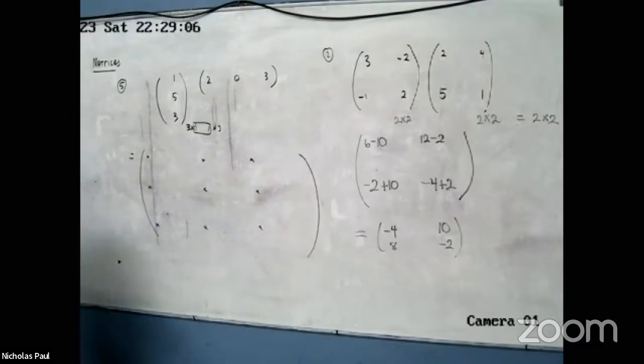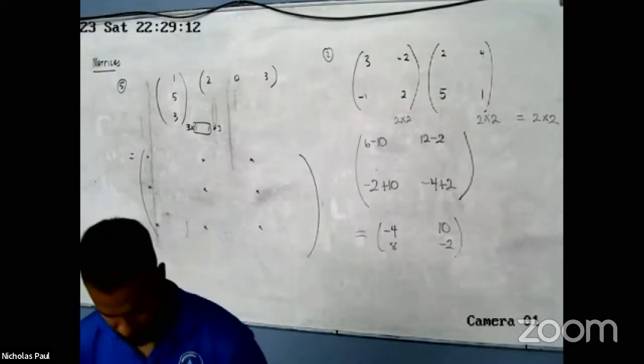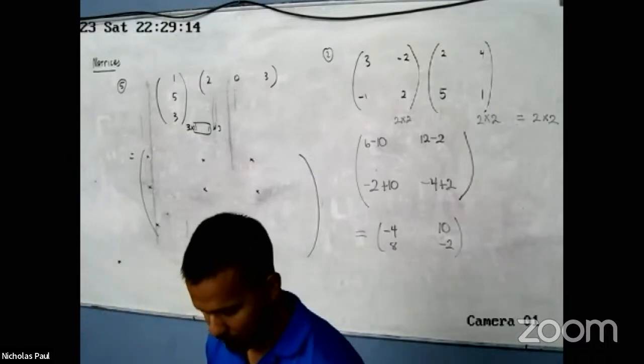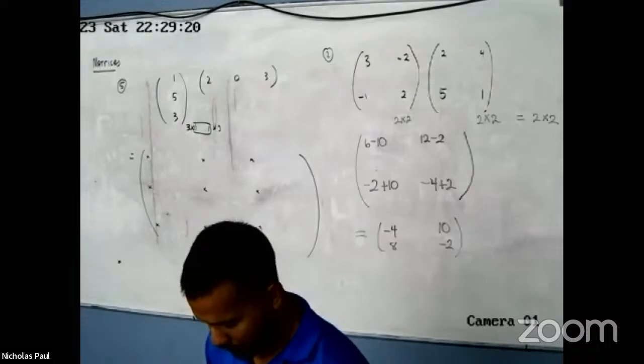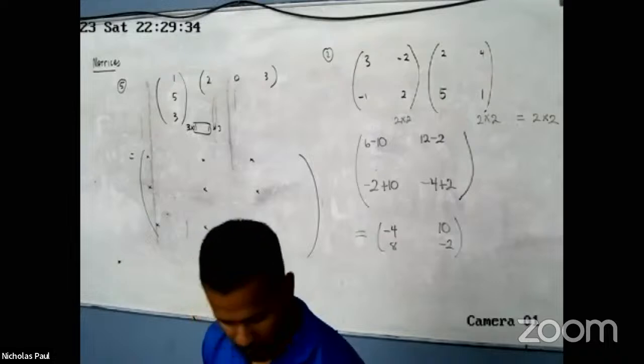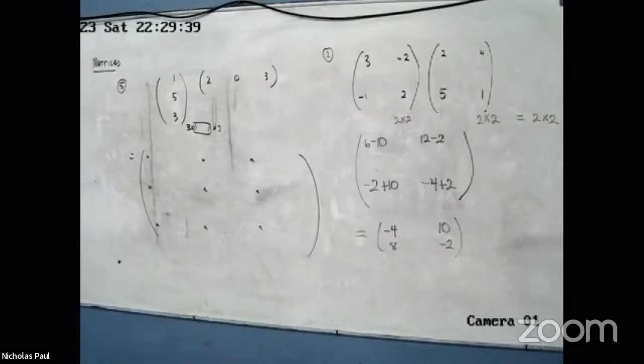Try that for now. You're supposed to get 9 values, right?